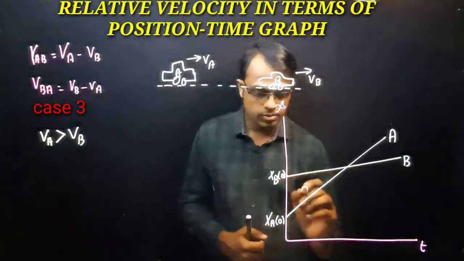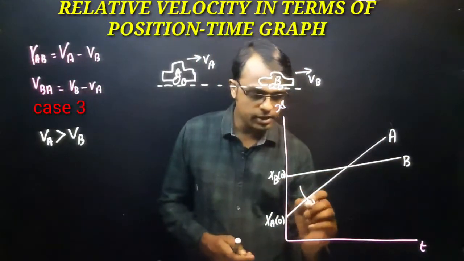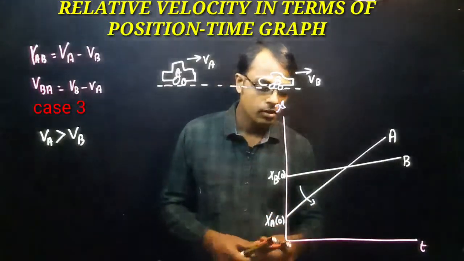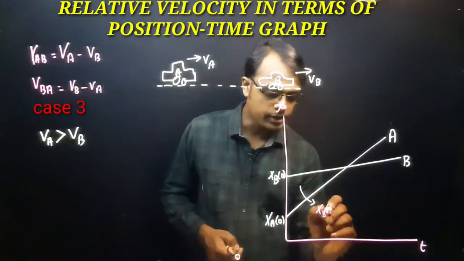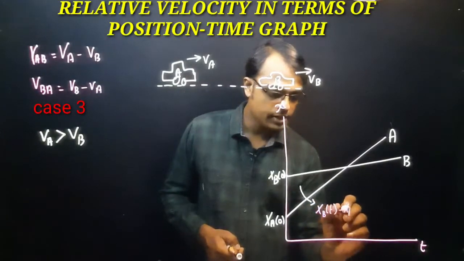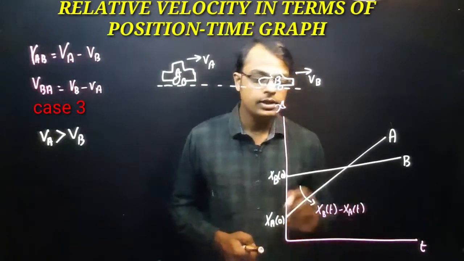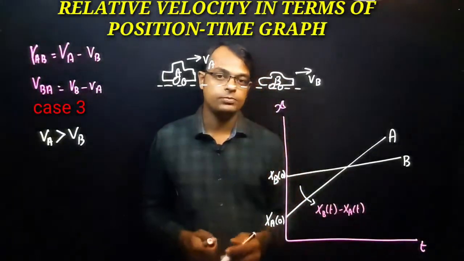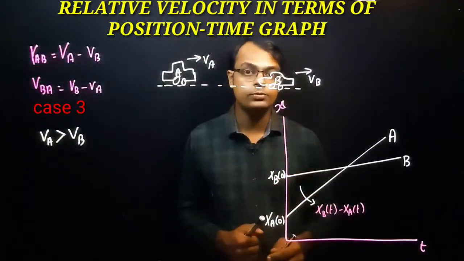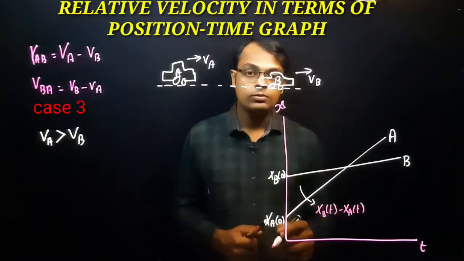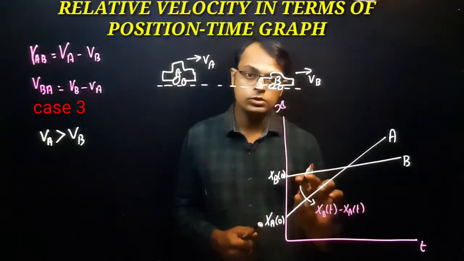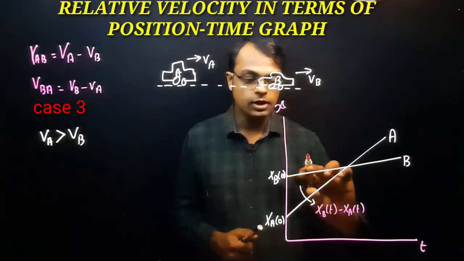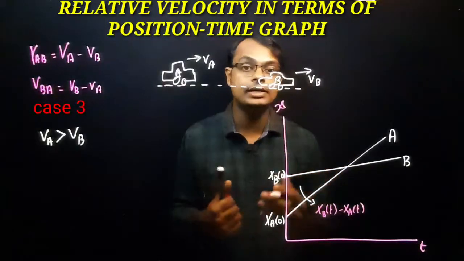So in the first case, what is happening here? In this case, what can we write? XB of t minus XA of t is now positive. What is meant by a positive value? In this case XB minus XA is positive, and the relative separation is decreasing.